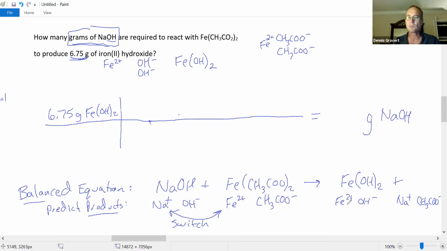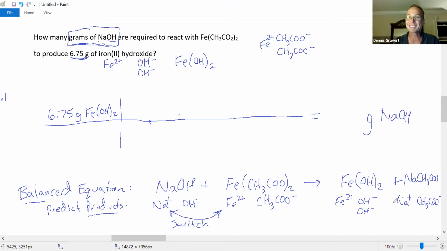When iron 2+ tries to group up with hydroxide ion, nature says you need to balance the charges. You need another hydroxide ion. So you have a net -2 balancing the +2. And that's the correct formula. Sodium, you're pairing up with acetate. Hey, the charges balance. So one of each will make a stable molecule, sodium acetate. Good, we're done.